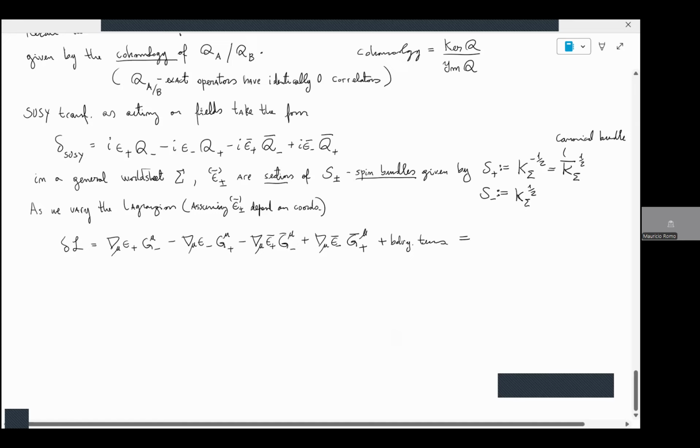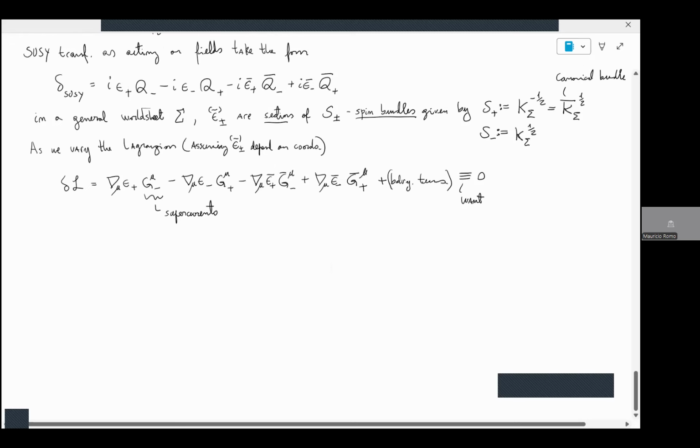We're not going to worry much about the boundary terms right now. But let's say you are in a manifold sigma with no boundaries, the variation of the Lagrangian gives you something like this. So all these G are supercovariant.